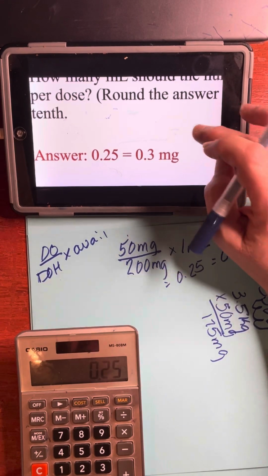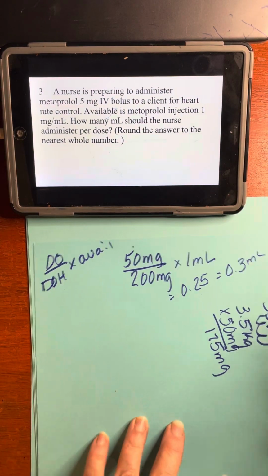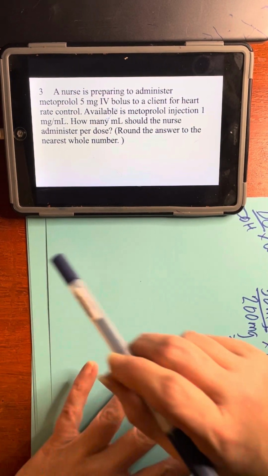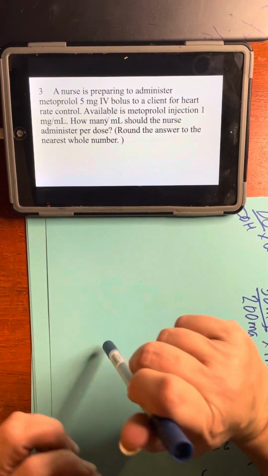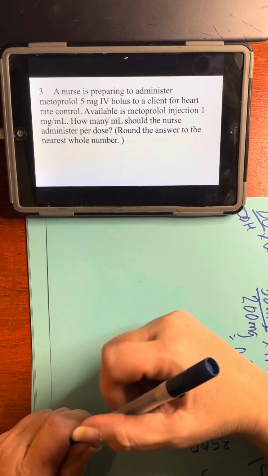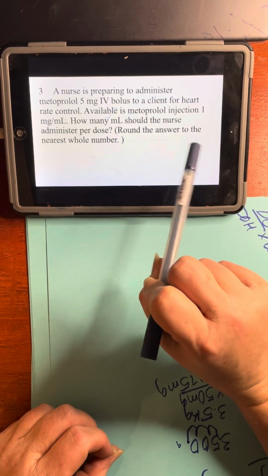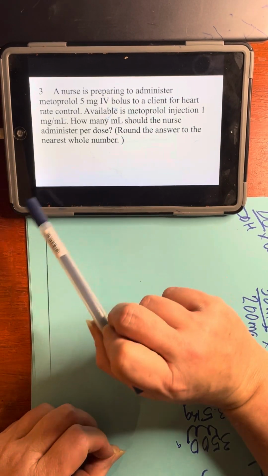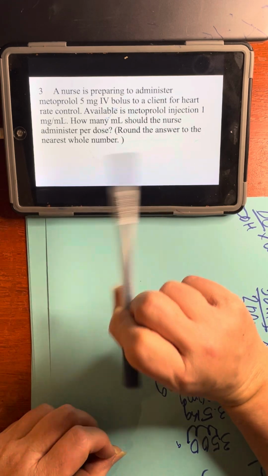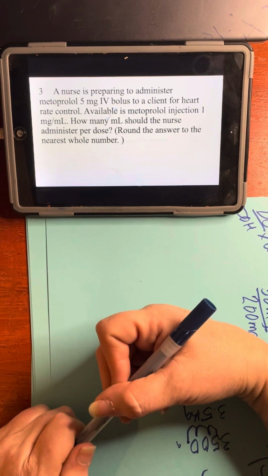Okay, so the nurse is preparing to administer metoprolol 5 milligrams IV bolus to a client for heart rate control. Available is metoprolol injection 1 milligram per milliliter. How many milliliters is the nurse going to administer per dose?